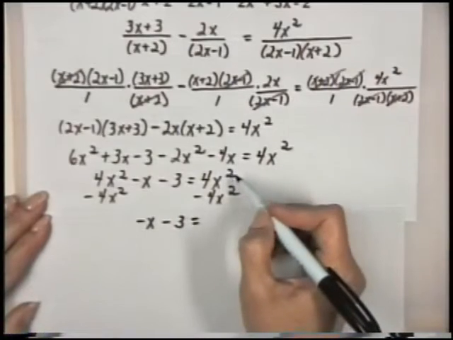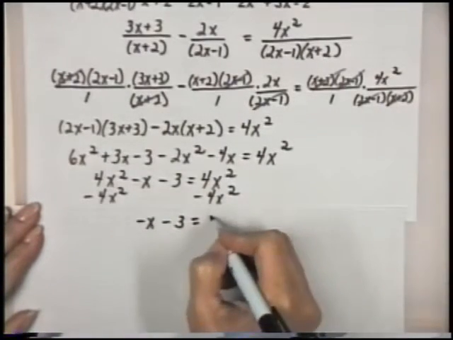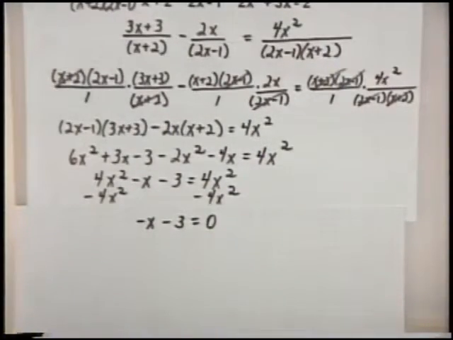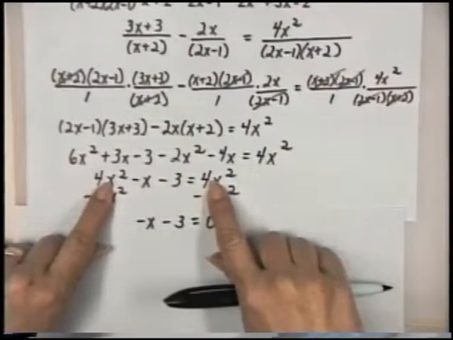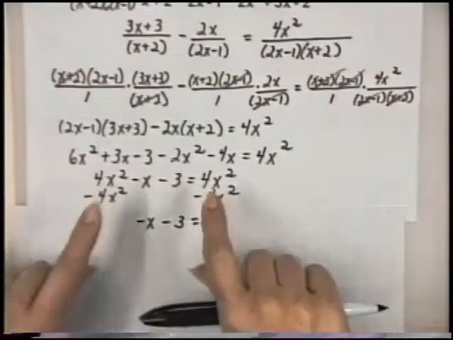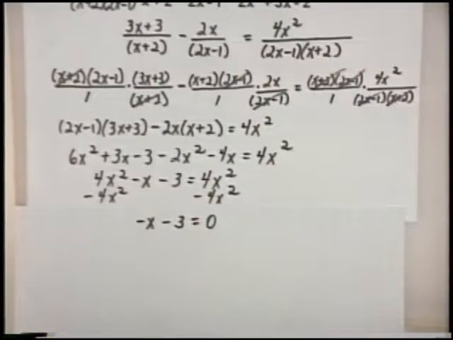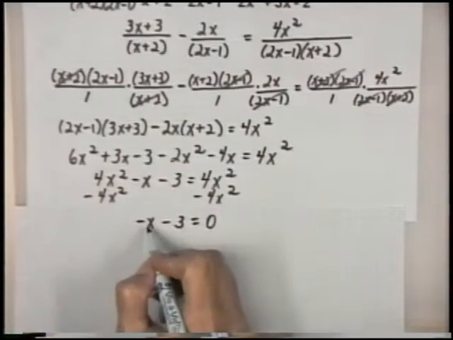I have my minus x, my minus 3 equals 4x squared minus 4x squared is 0. Now, of course, we know that anytime we have the same term on both sides of the equation, they will cancel each other out. My resulting equation is a linear equation.